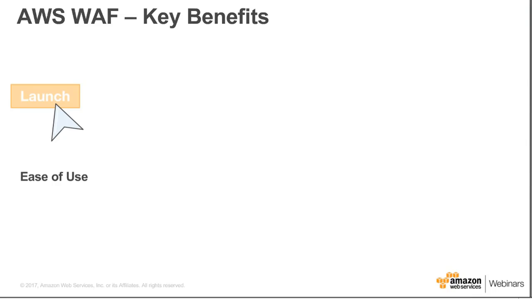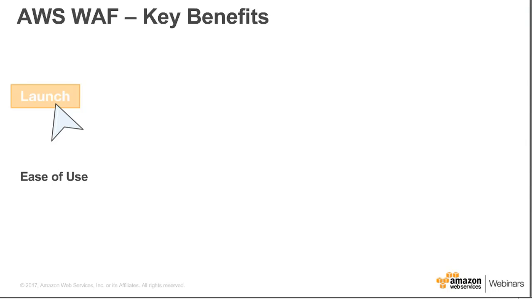So let's talk about some of the key benefits of AWS WAF as we've heard from AWS WAF users today. The first and foremost that we hear is ease of use. Today, AWS WAF sits in front of CloudFront as well as application load balancers. These 2 services are the 2 major public endpoints that we see for AWS WAF.